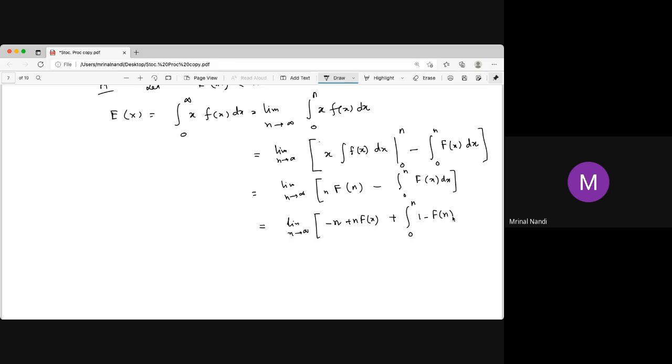The integration of 1 from 0 to n is n, so n cancels out, and this is minus the integration of f(x). Now this is the limit n tends to infinity. You can write that as minus n into 1 minus Fn plus the integral from 0 to n of 1 minus F(x) dx.